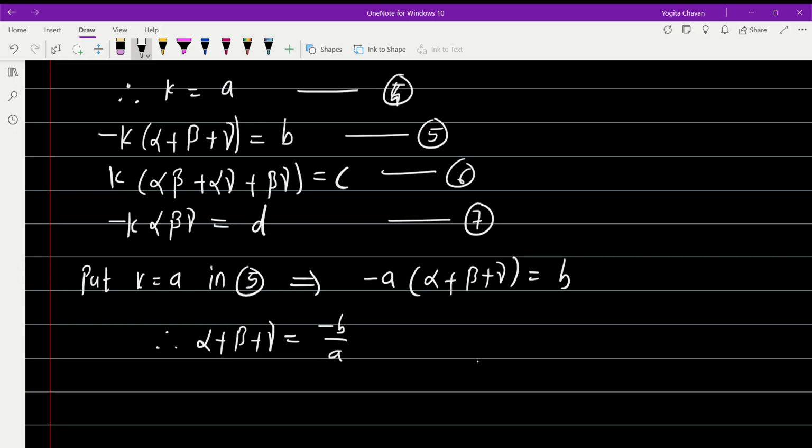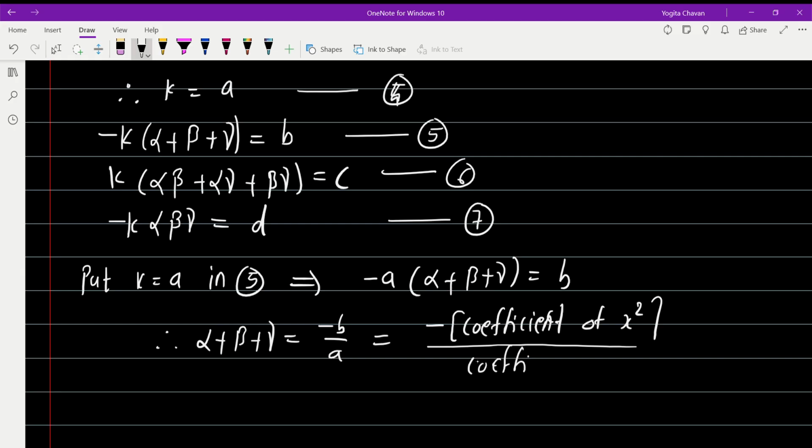So this is the sum of the roots of the cubic polynomial, and it is minus of the coefficient of x square divided by the coefficient of x cube.